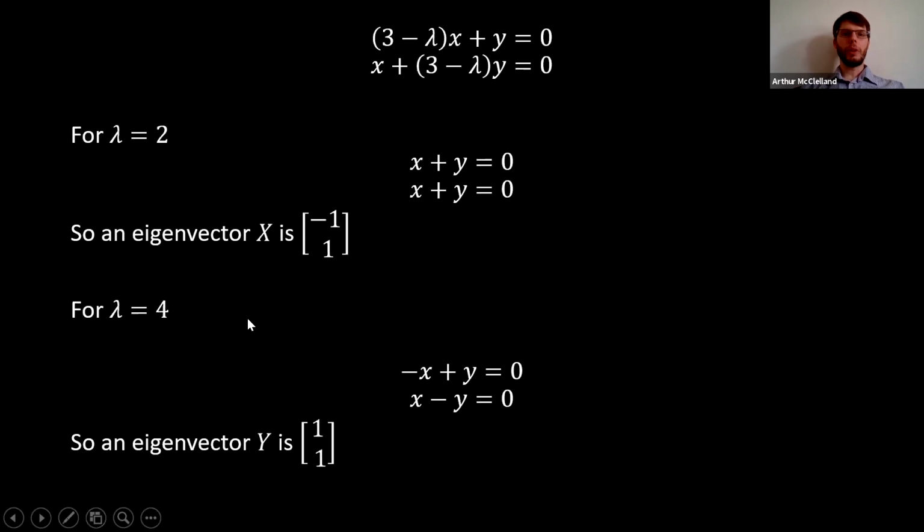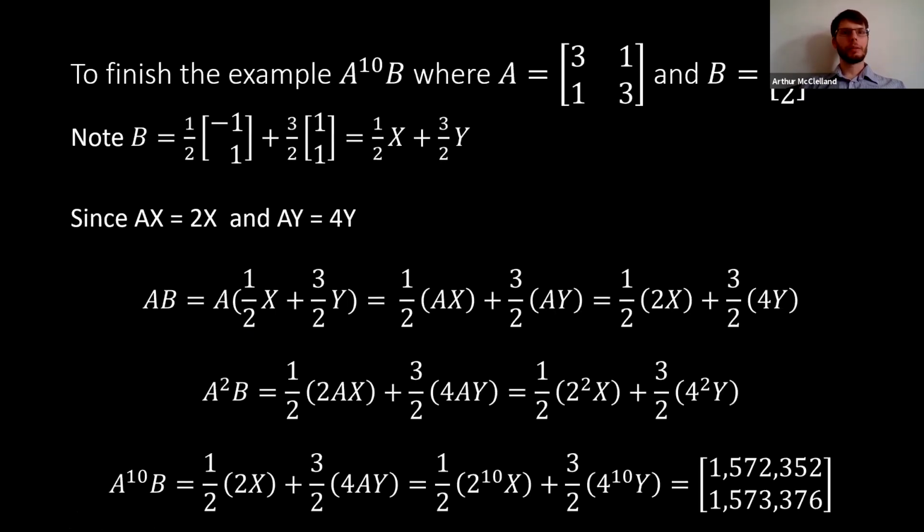For lambda equals 4, 3 minus 4 is -1. So 3 minus 4, 1, and 1, 3 minus 4, you end up with -x plus y equals 0, and x minus y equals 0. So an eigenvector is (1, 1). All right, but clearly those aren't unique.